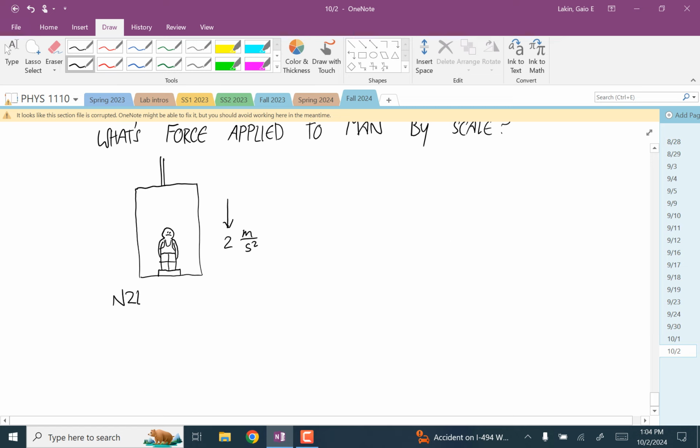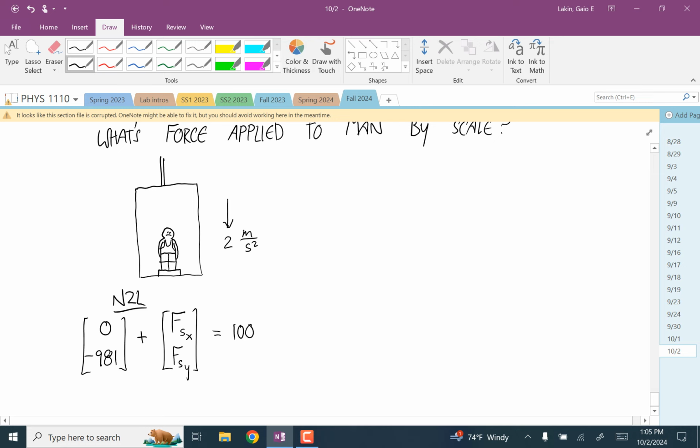And so Newton's second law says we have the weight force. If it's the same man, it's still a weight force of 0, negative 981. And then we have the force of the scale acting on the man, so Fsx, Fsy. And then that's equal to the mass of the man times the acceleration.